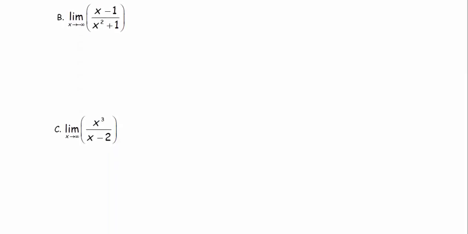Let me move to part B. The limit as x approaches negative infinity. Please remember what I was just talking about. If this is negative infinity or infinity right here, then we're going to use a different technique. Since this one is a little bit harder than the first one, we're going to look for the highest power of x in the denominator, which is x to the second.